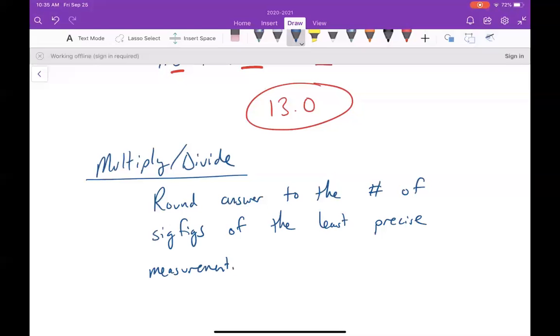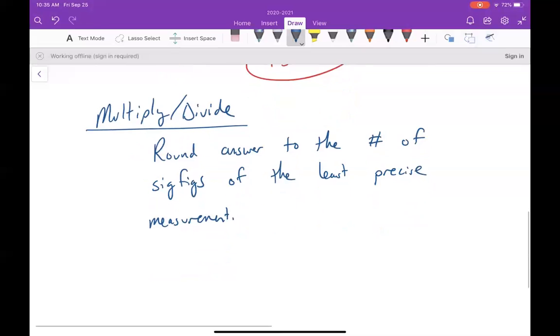Okay? So we're going to round it to the sig figs this time. The reason why it's different is because with multiplication and division, that's going to compound our error in a different way than just adding and subtracting. And so we have to then show that in our math.